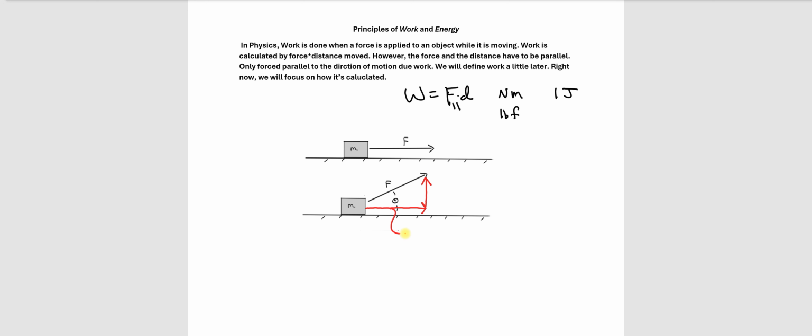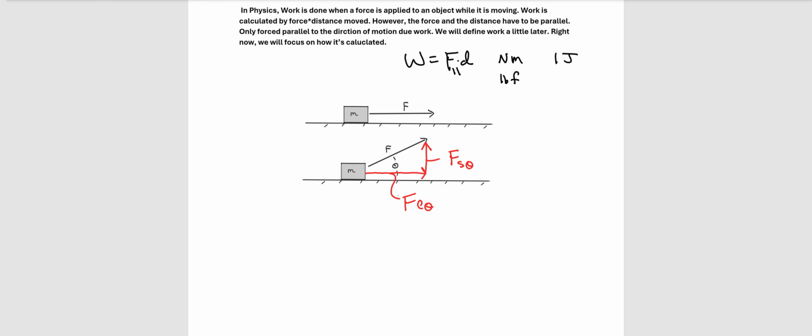And this one is adjacent to theta, so that one's F cosine theta. This one is opposite theta, so that one is F sine theta. And when we calculate the work, we take this one. So the work done here would be F cosine theta times d, whatever distance this object moves.